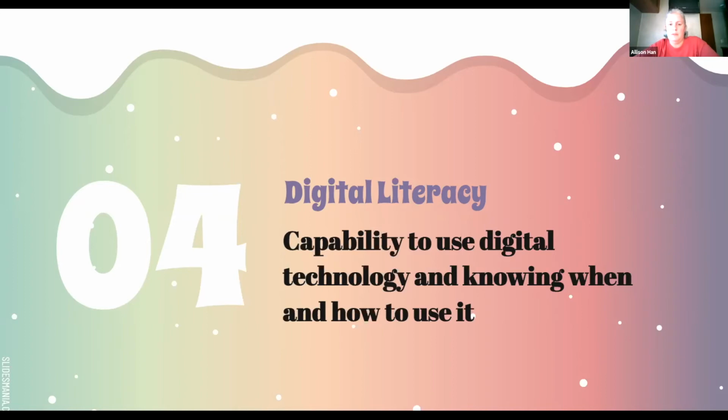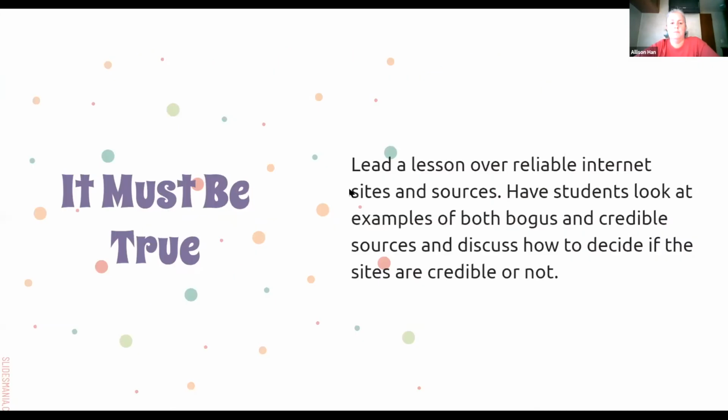The 4th element, digital literacy. So the capability to use digital technology and knowing when and how to use it. Just because it's on the internet, it must be true, right? So in this one, it's more or less doing a lesson over reliable sites and sources.